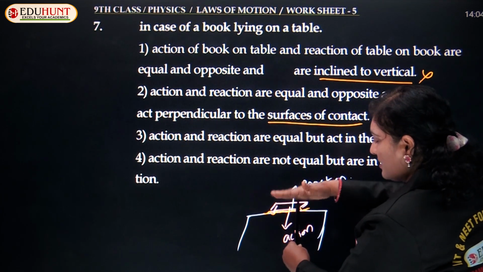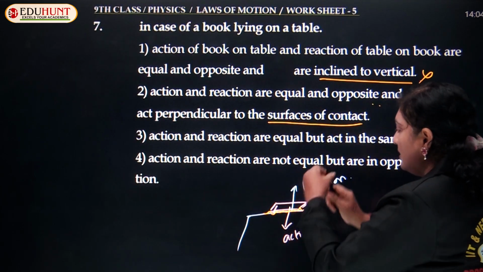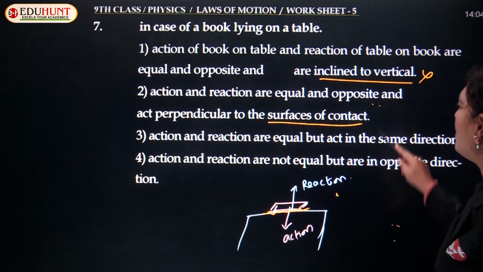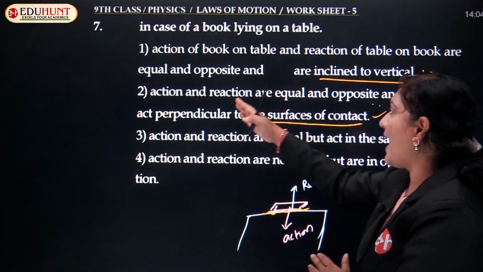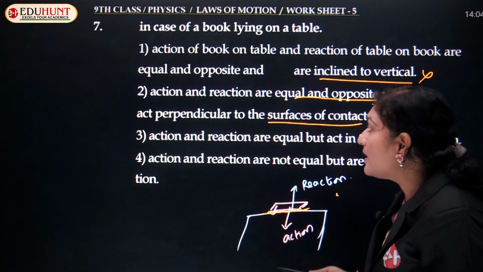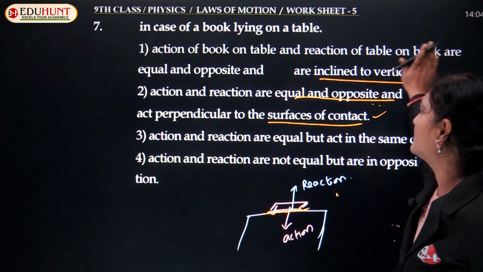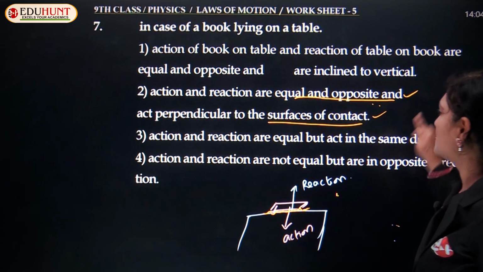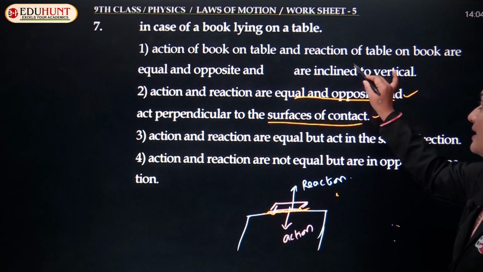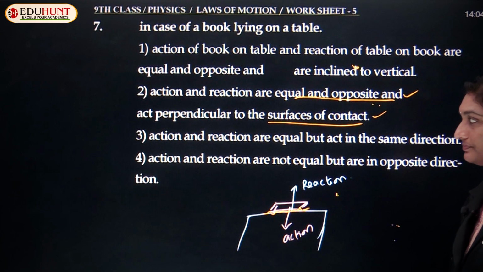Perpendicular to each other. Surface and reaction perpendicular to each other. Of course, it is true. Both action and reaction are equal and opposite and also act perpendicular to the surfaces in contact. Both statements are true. But here it was given inclined, so that must be a wrong statement.